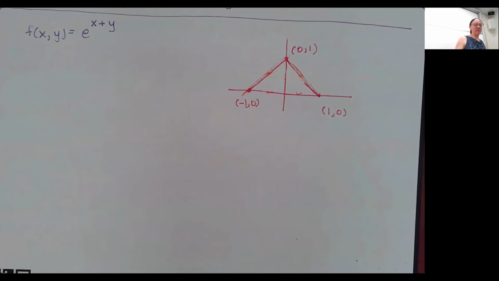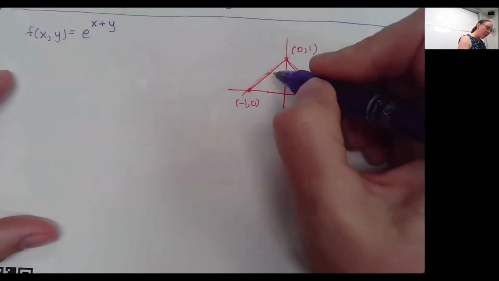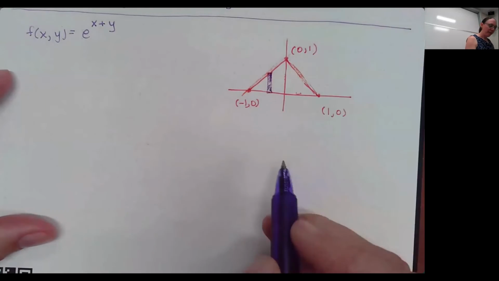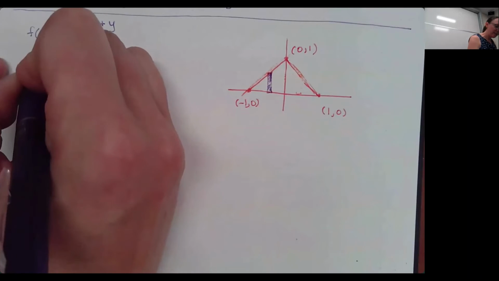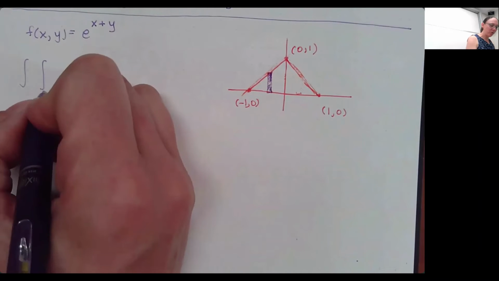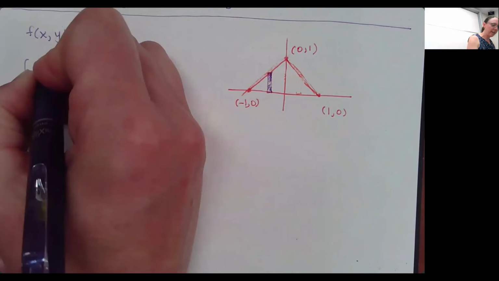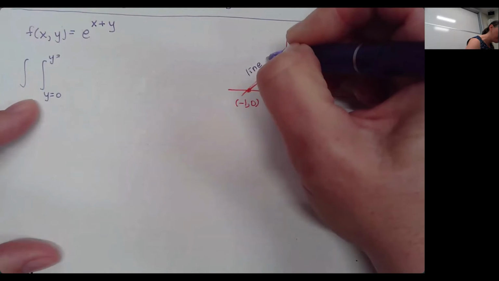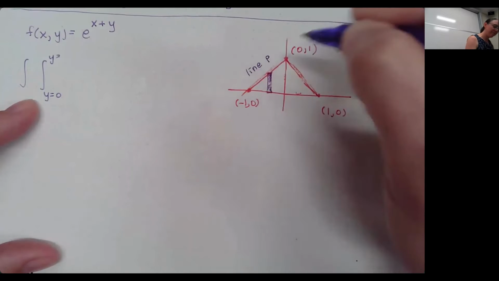So if I just start getting that set up, then over here, for that piece, I know that my inside limits are going to go from y equals 0 to y equals, I'm just going to call this line P for positive.